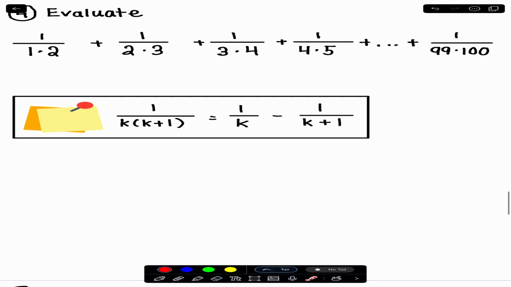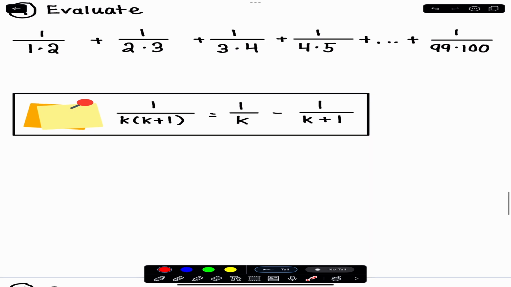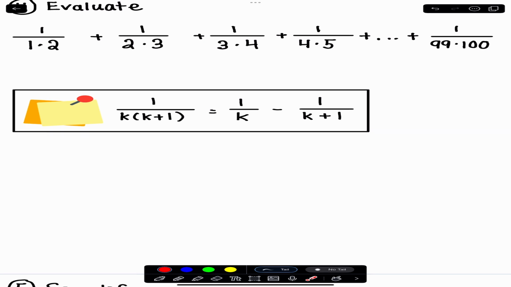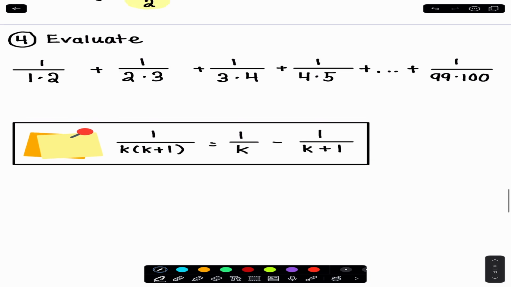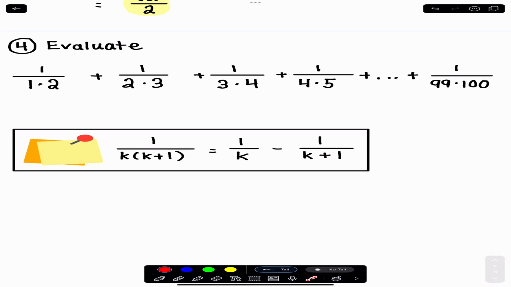That's a very good question. And over here, I have a little bullet point which will actually make this very easy for us. There's a little identity here that says 1 over k times k plus 1 for some number k is equal to this. So basically the fraction can be split up. And you can see all of our fractions in this problem are of this form.